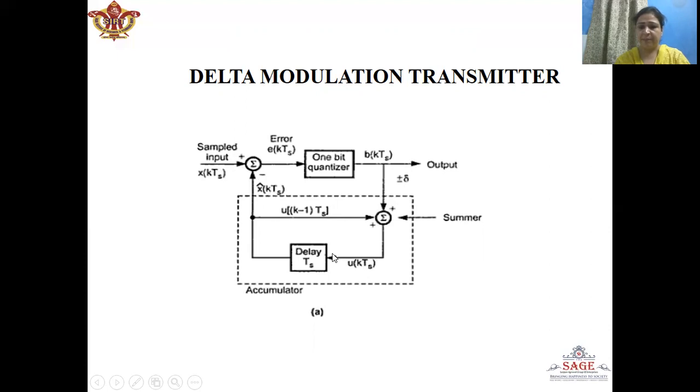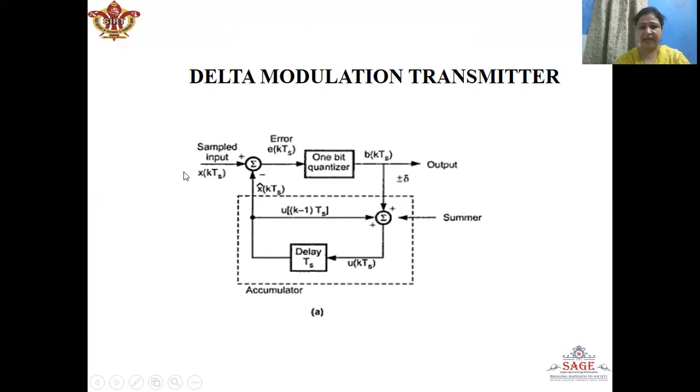Now, when the present sample approximation u(kTs) is generated, which is given by u((k-1)Ts) plus or minus delta, it will be given to the delay unit. The delay unit will delay u(kTs) by one symbol period, which is Ts.